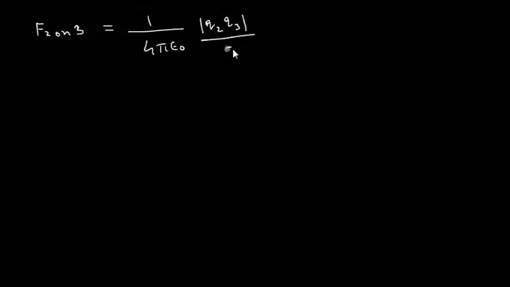Now in the same way, we can find out F2 on 3, which is equal to 1 by 4 pi epsilon naught Q2 Q3 upon R square.